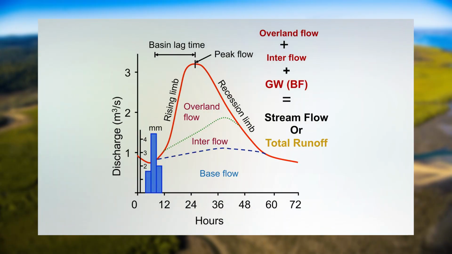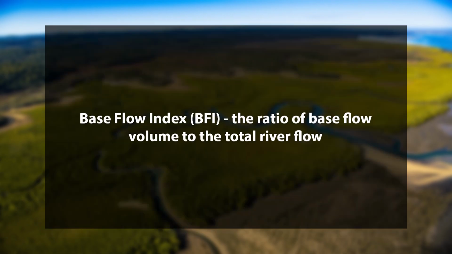The nature of base flow and its total contribution to the river flow can be modeled using the discharge data of the recession limb. The ratio of base flow volume to the total river flow is termed as base flow index. It can be 0, meaning no base flow, as in semi-arid and arid rivers.